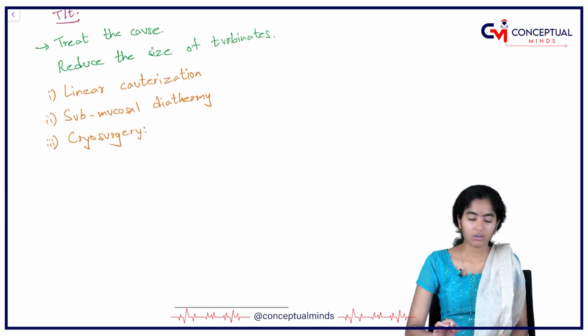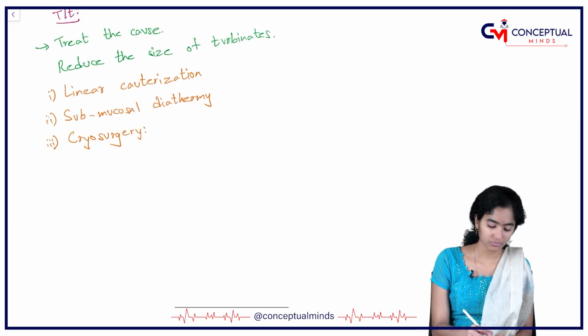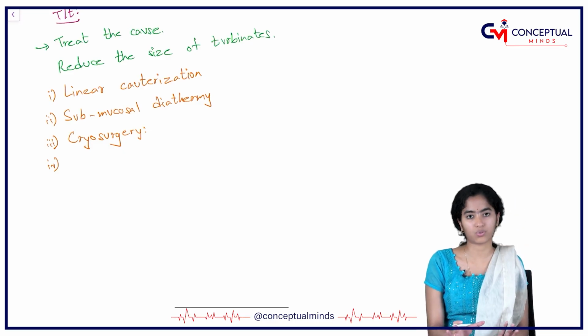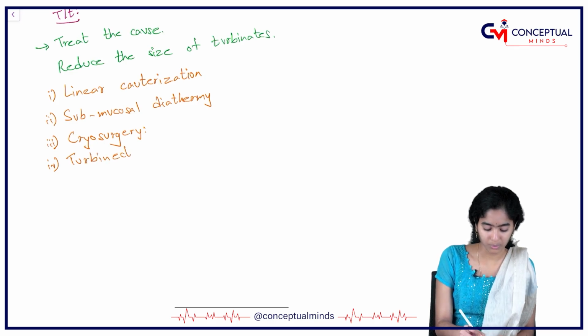Briefly, an extremely cold liquid or gas at minus degrees temperature is applied, and that will also cause shrinkage and death of the tissue. That is briefly cryosurgery. And otherwise we can surgically do turbinectomy, removal of turbinates, and this turbinectomy can be partial or complete.